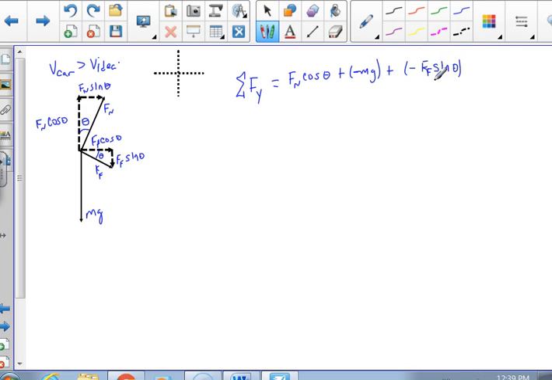The car is not accelerating in the y dimension, so we would call this all equivalent to 0, constant velocity motion in that dimension. We can rearrange, since these two are negative, we can add them to the other side, to the 0, and say that Fn cosine theta equals positive mg plus force of friction sine theta.